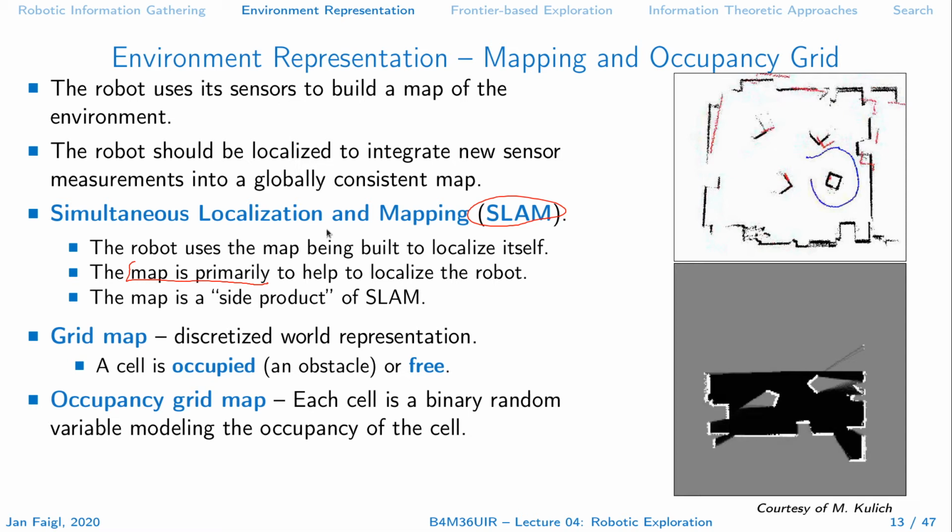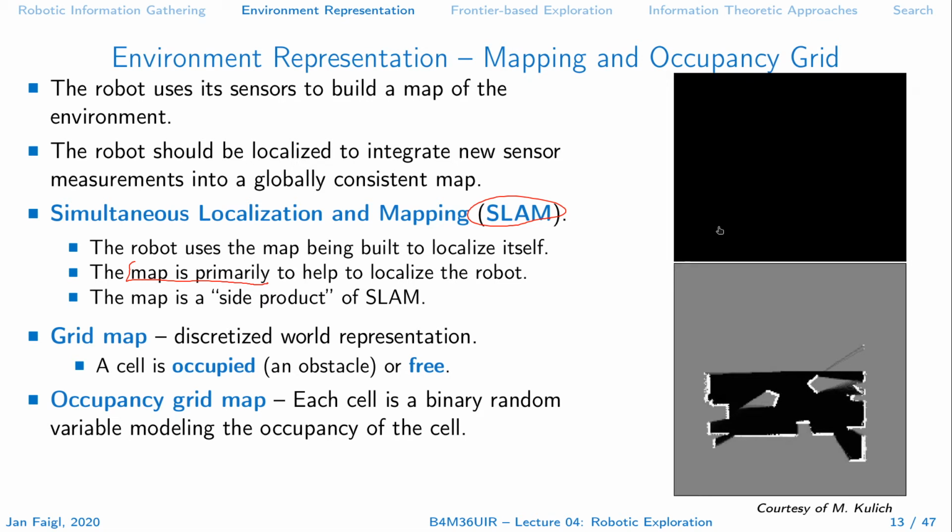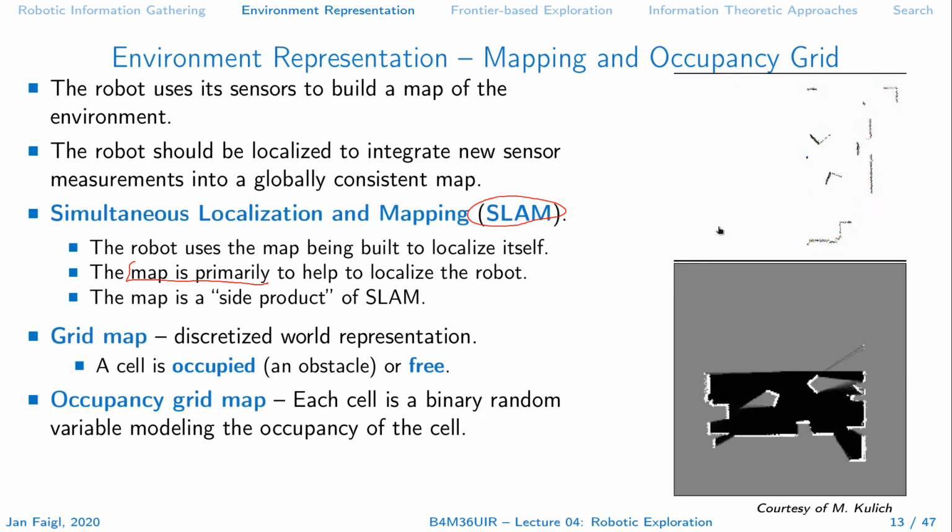To show an example of how this works, you can see this animation where the black dots represent the map, the blue dots are the trajectory of the robot, and the red dots are an actual scan from the 2D laser scanner.